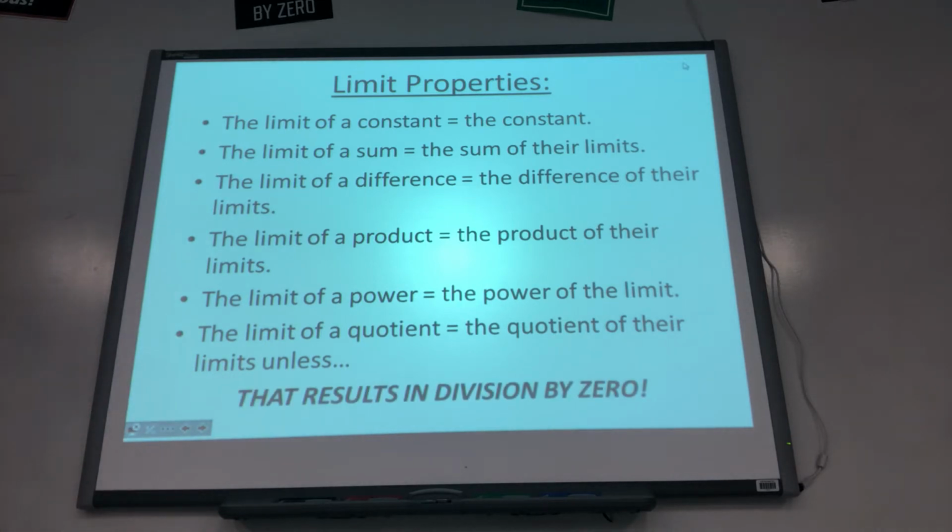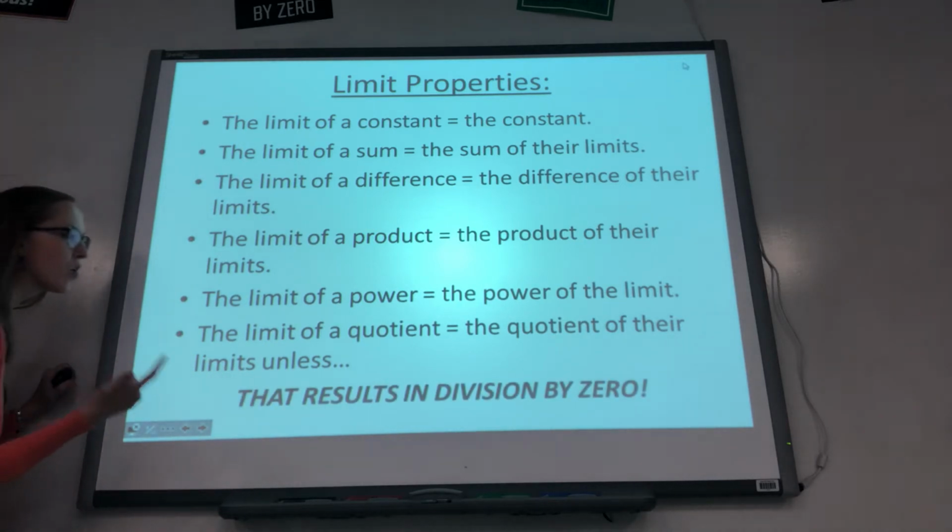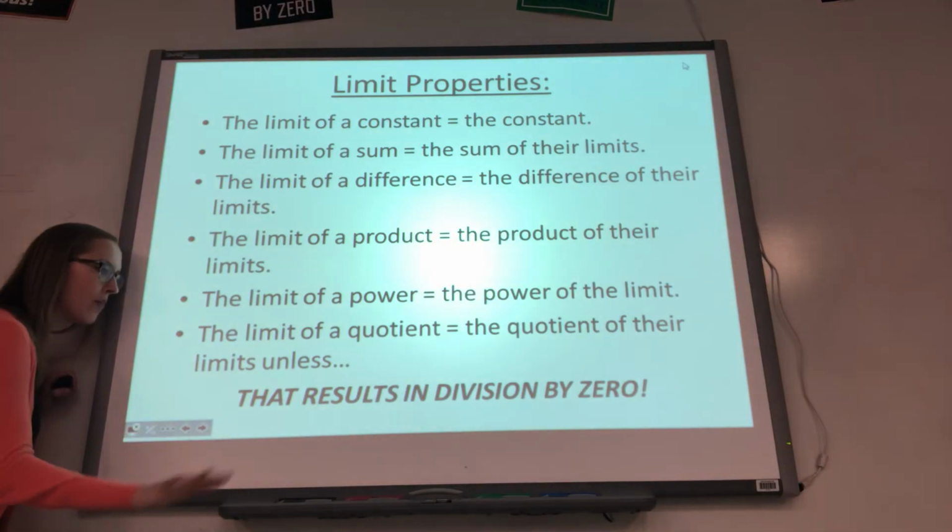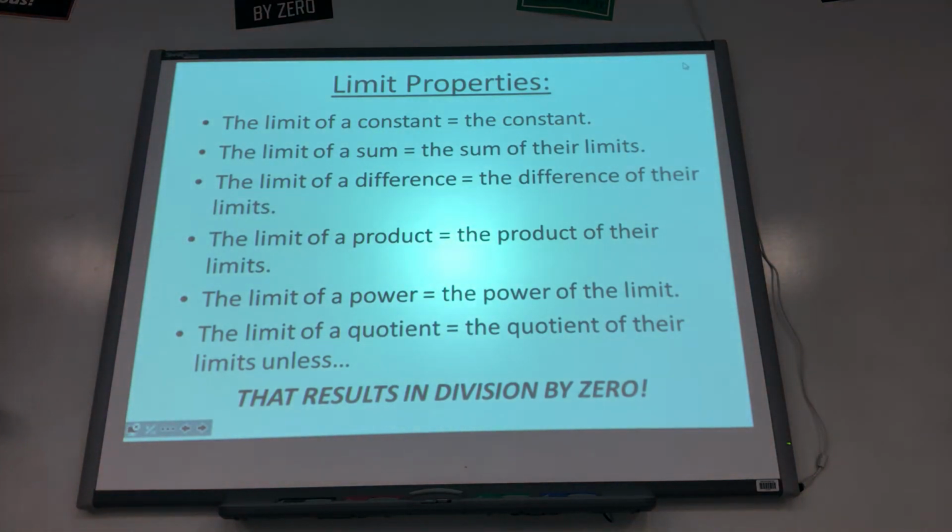So the limit of a quotient equals the quotient of their limits unless that results in division by 0, then that's not going to be true. You can't do it that way.